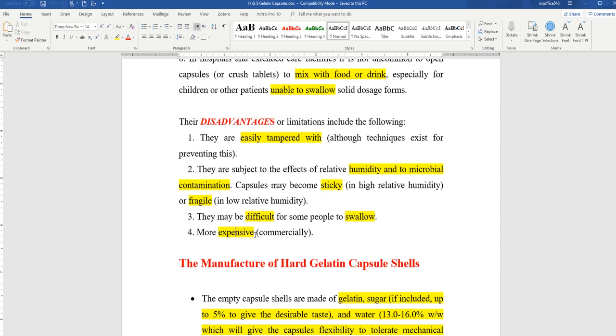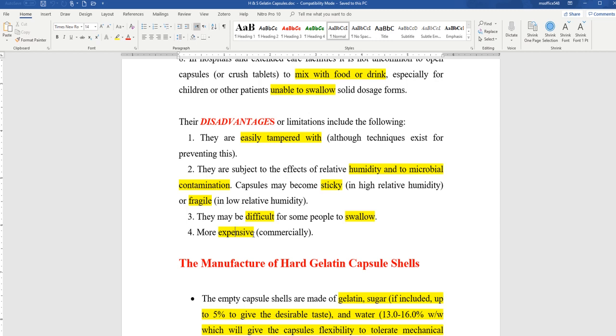Why are capsule preparations more expensive? Now, one reason is because capsules are not made in the same company that will fill the capsule with the formulations. Let's take Gilfar for example. Gilfar has many products in the form of capsule, but the capsule shells are not manufactured in Gilfar.